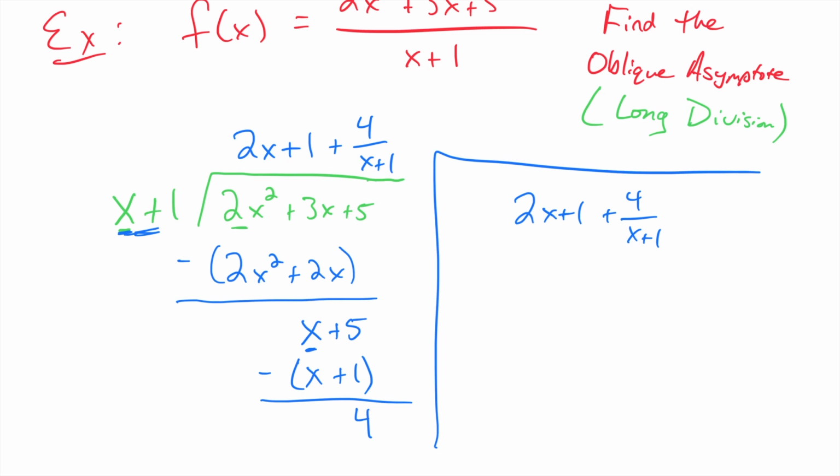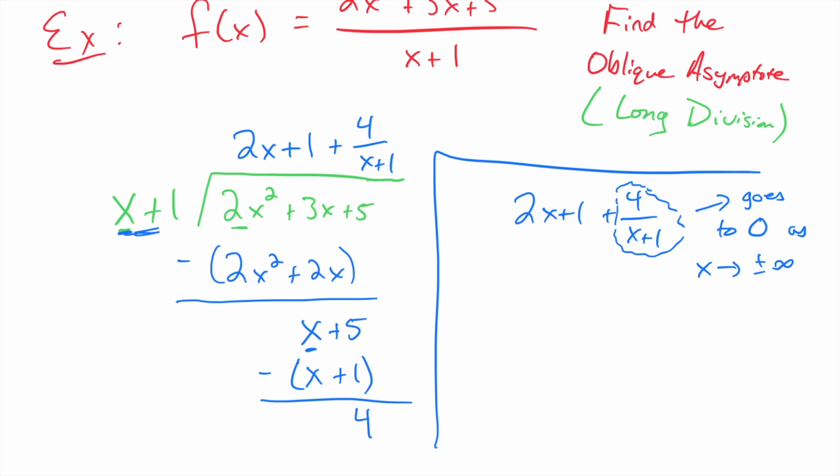We've talked about this before in previous discussions: as x gets really, really large, this remainder part is going to tend towards 0, as x goes to either plus or minus infinity.